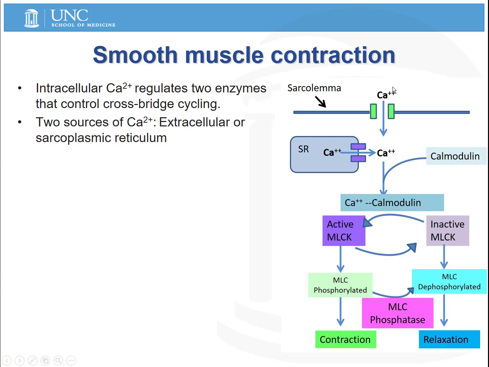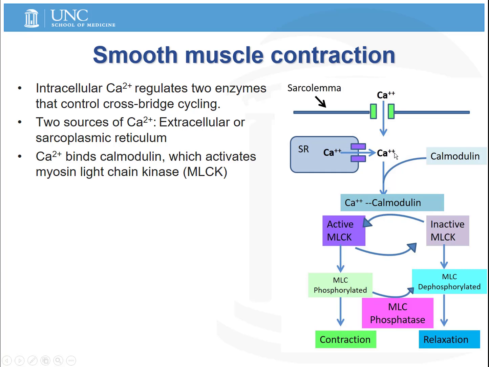It can come from the extracellular fluid through calcium channels that may open based on a couple of different mechanisms that we'll look at in a minute, or it can be released from the sarcoplasmic reticulum. Once that intracellular calcium rises, it triggers cross-bridge cycling and contraction through this variety of steps.